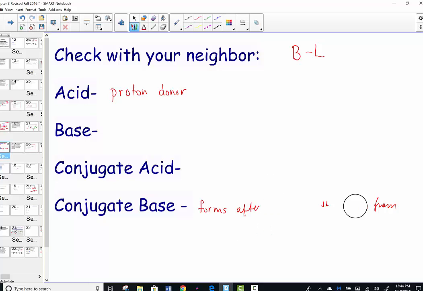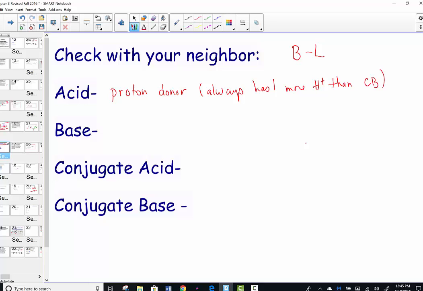Let's write this differently. I'm so sorry. I want to say it more clearly, because an acid always has one more hydrogen than its conjugate base. Let's just put that in parentheses to emphasize these definitions.